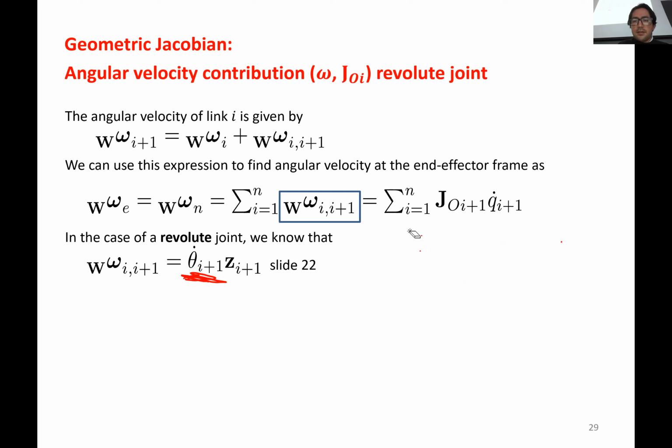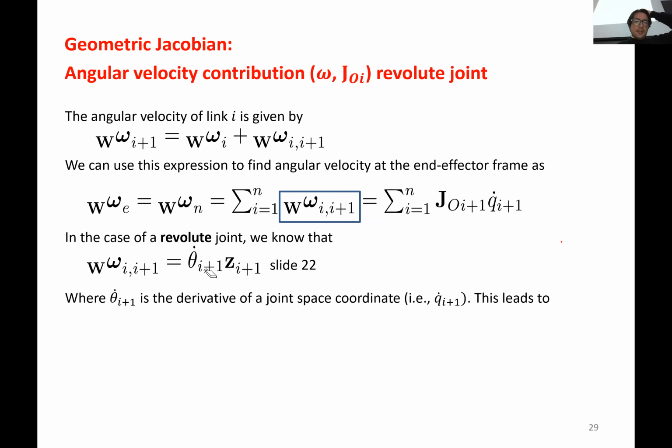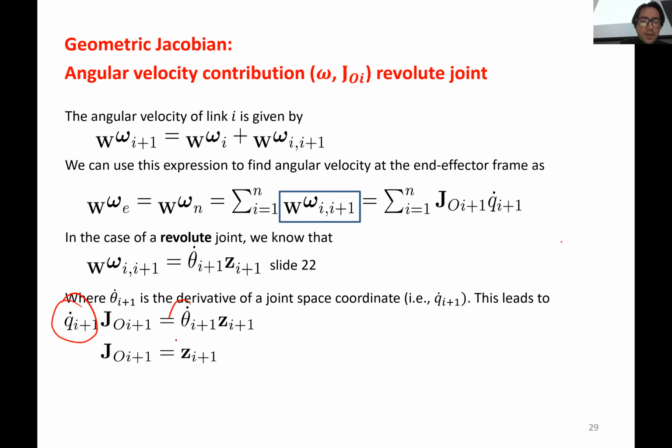Okay. Let's get rid of this. And this is what I'm saying here. Theta i plus 1 dot is just the derivative of the joint space coordinates. So this is q_i plus 1 dot. And this leads to these expressions, as we did before. Remember that we want to find J_Oi multiplied by the derivative of the joint space variable, and then we make it equal to our joint space variable, which in this case is theta i plus 1 dot, about the axis of rotation.